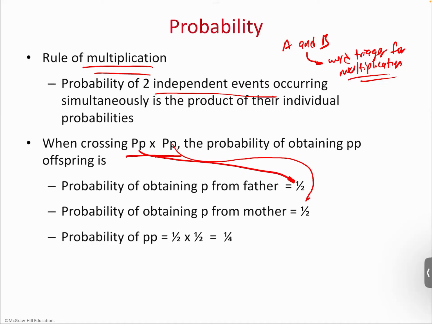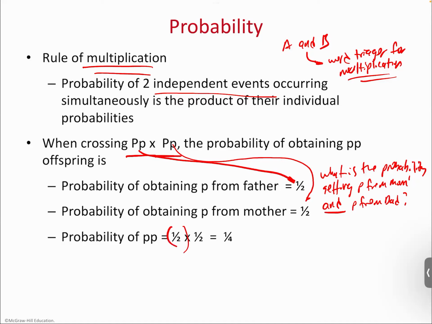That's what you're asking, right? Well, in that case, it's going to be multiplying the two individual probabilities, which comes out to 1/4.